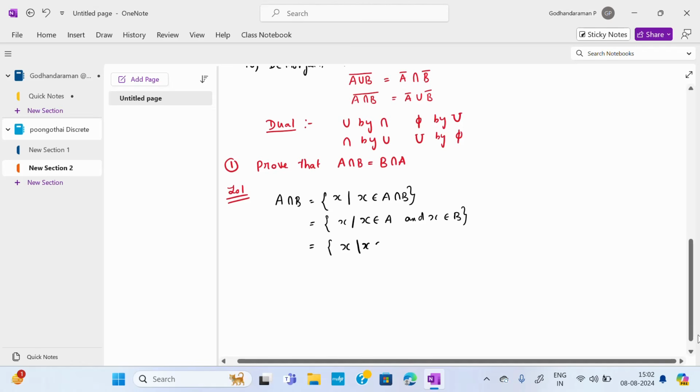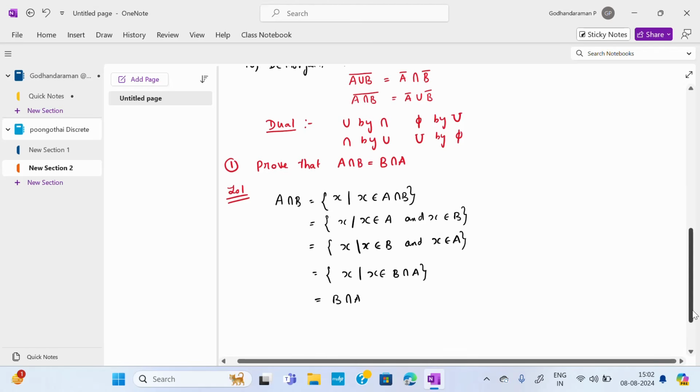So x belongs to B and x belongs to A. Now if I combine it, set of all x such that, it is B intersection A. So it is proved. This is the way we can prove it.